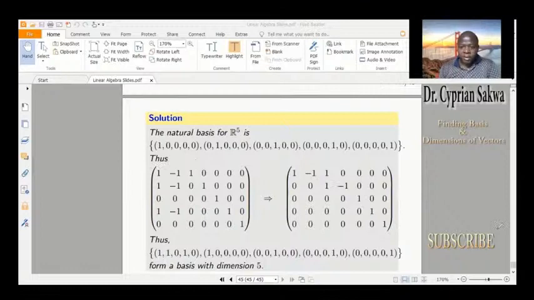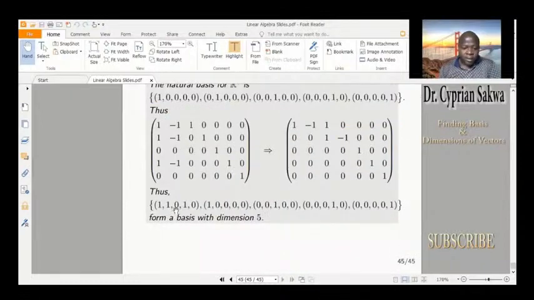So let's see what my solution was. It is the vectors in column 1, column 3, and the other columns where we have the leading ones.